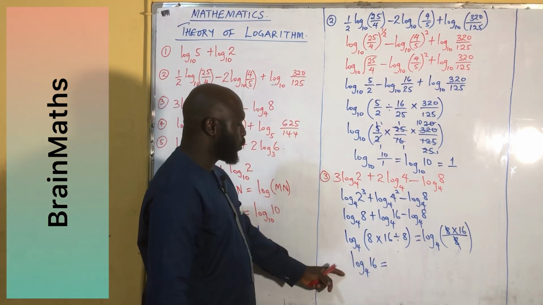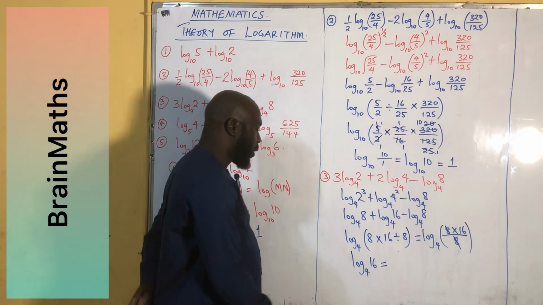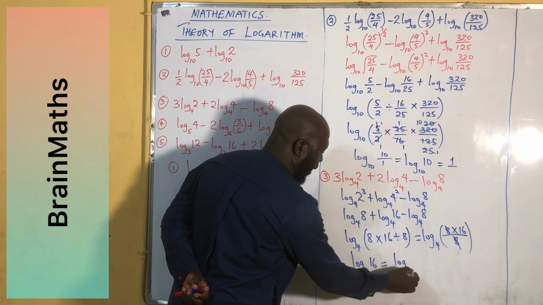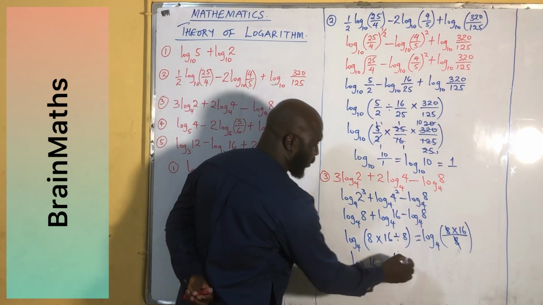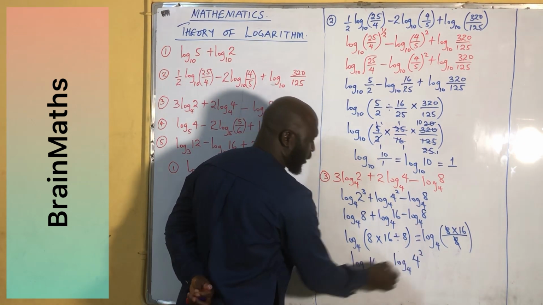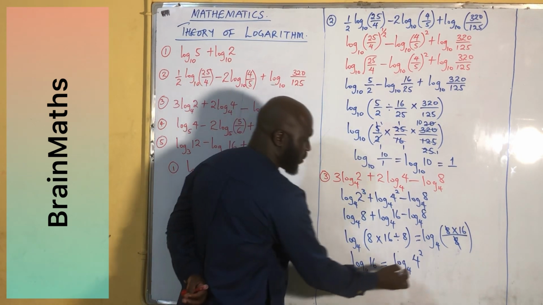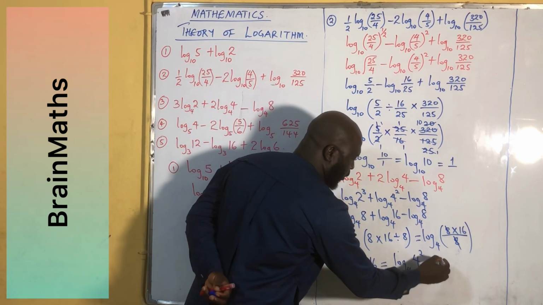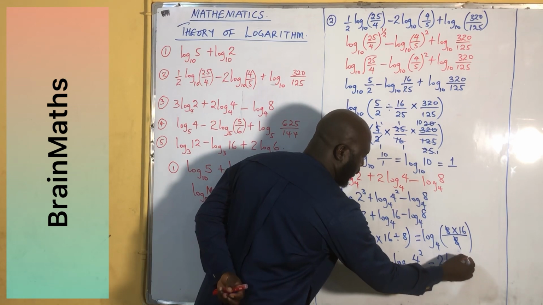So what we have to do here is to rewrite this 16 to the base of 4. So how many times are we going to multiply 4 to give us 16? So we have 4 raised to power 2. That is 4 times 4. So applying the law of logarithm that says whenever you have a power, you can bring it down, it becomes 2 logarithm to base 4 of 4.